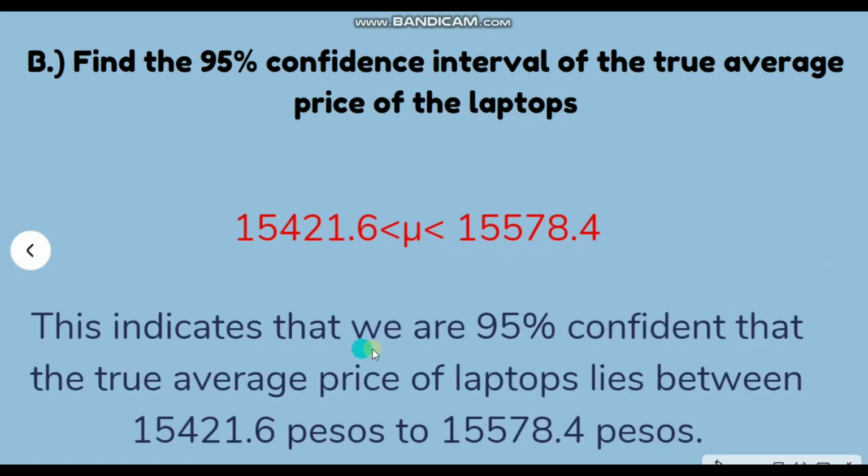This indicates that we are 95% confident that the true average price of laptops lies between 15,421.6 pesos to 15,578.4 pesos.